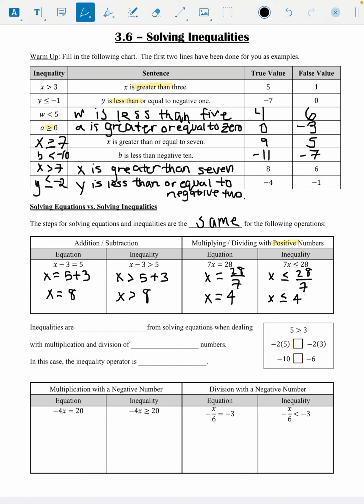So remember that the steps for solving equations and inequalities are the same when it comes to adding and subtracting and multiplying and dividing with positive numbers. However, inequalities are different from solving equations when dealing with multiplication and division of negative numbers.